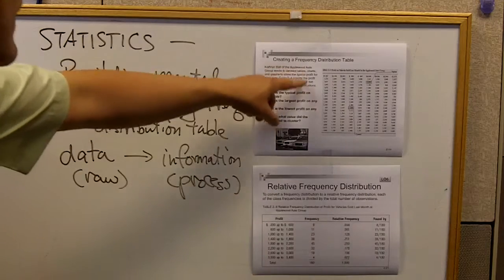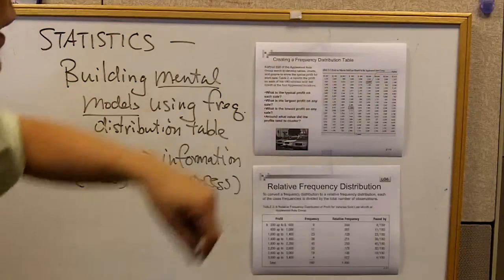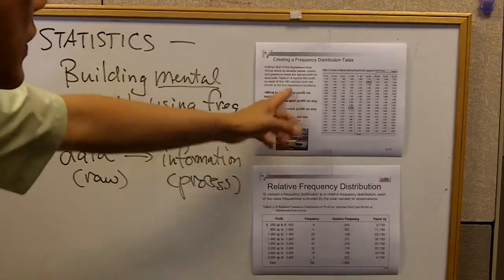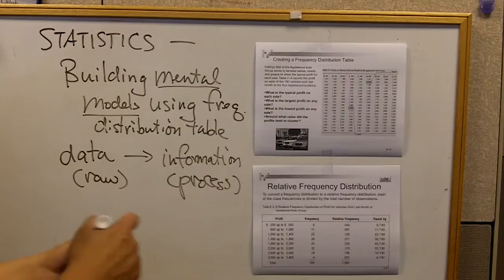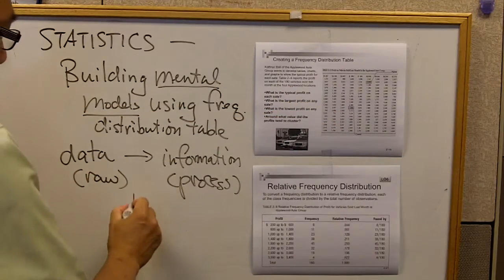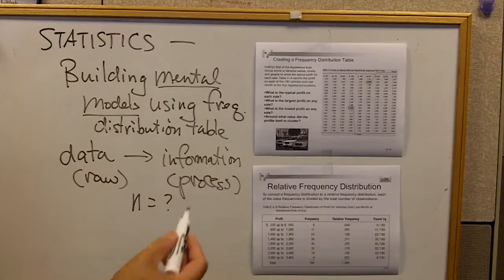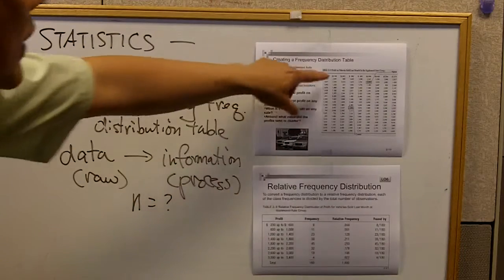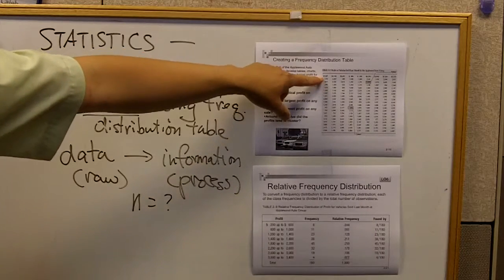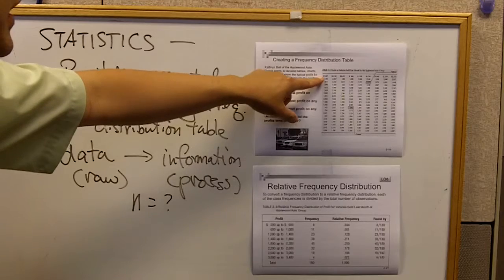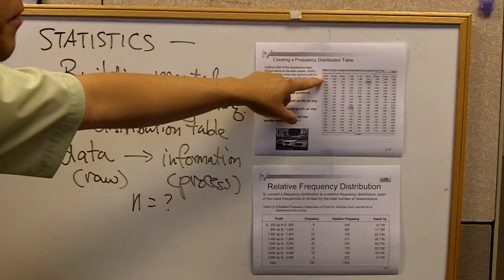We have all these profit values, and if you do some counting, you realize how many there are. The first thing is the sample size, which we call N. Then you look at the numbers here. The first one is 1387: the first vehicle was sold, and close to $1,400 was made.